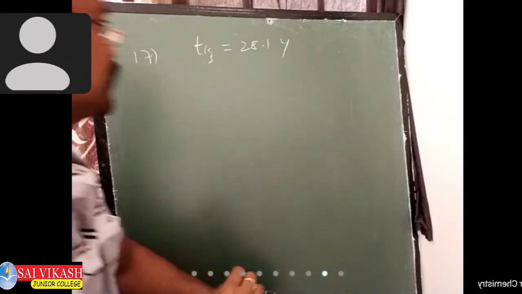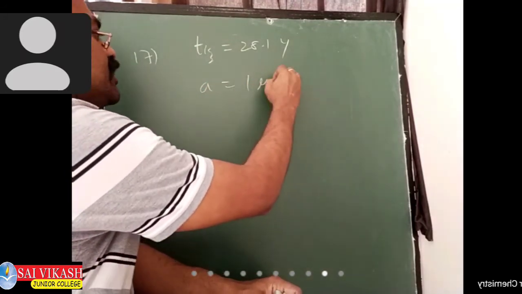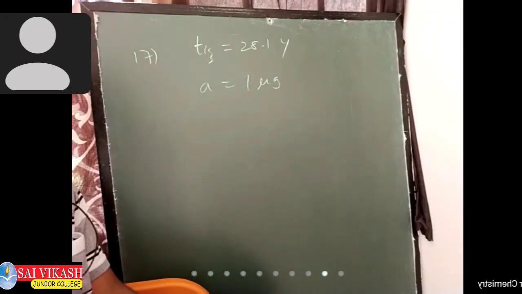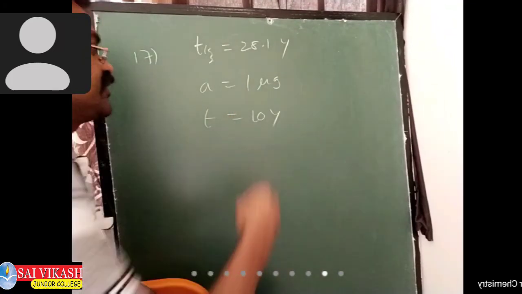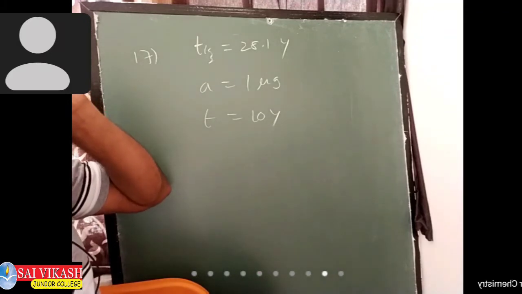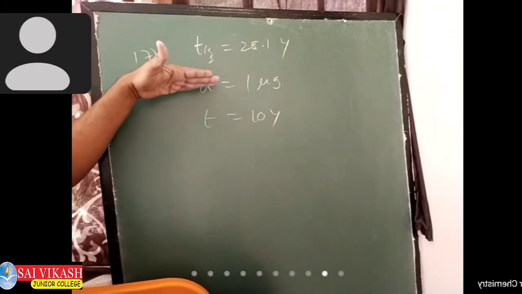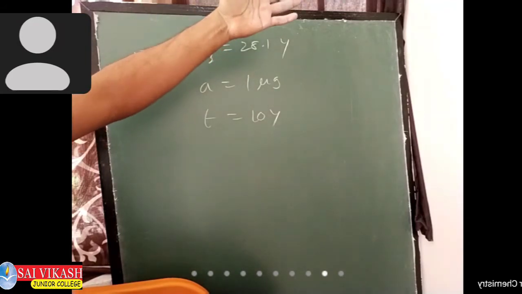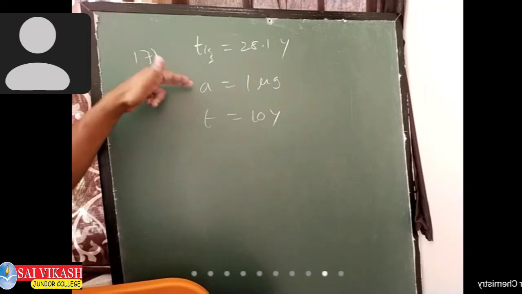Yeah, see this one. T half is 28.1 years. Initially, 1 microgram is given. And after 10 years, how much is left is what is asked. Generally you should take initial concentration, but here an amount is given. That also you can take as the initial amount.